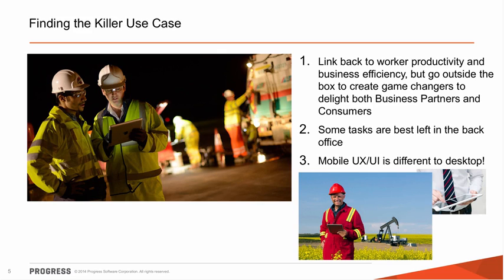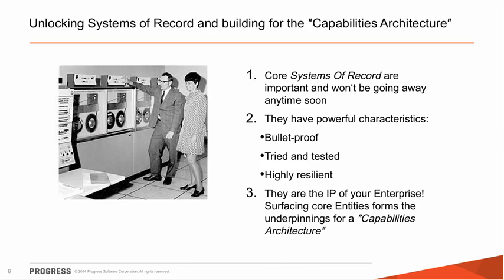But our topic today is really around modernization of existing application systems and assets. So let's briefly discuss where those assets are today. Every enterprise has a number of systems of record. In addition to being the single version of the truth, they also model the core IP and capabilities of the enterprise.